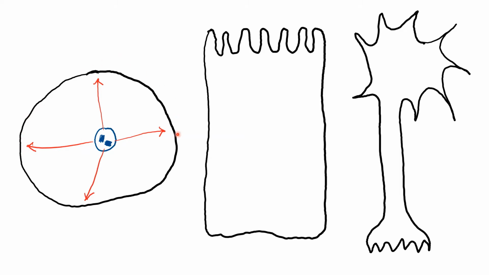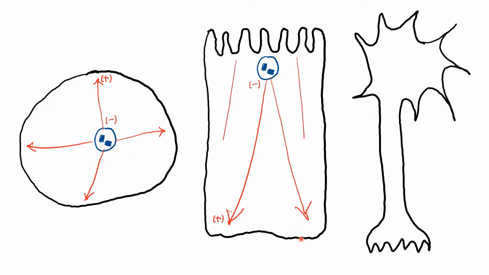In columnar epithelial cells, the centrosomes are usually located near the top of the cell, and the microtubules are in a direction from the top going downwards. And then there are those that are not associated with the centrosome, but still the direction is from the top towards the basal lamina.